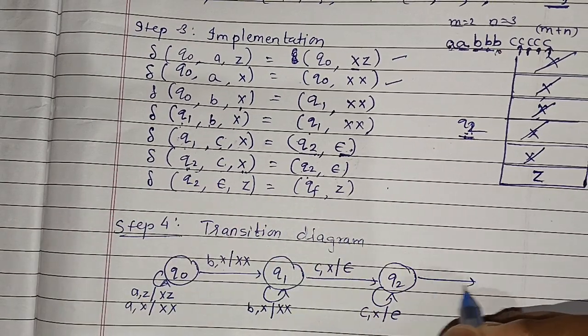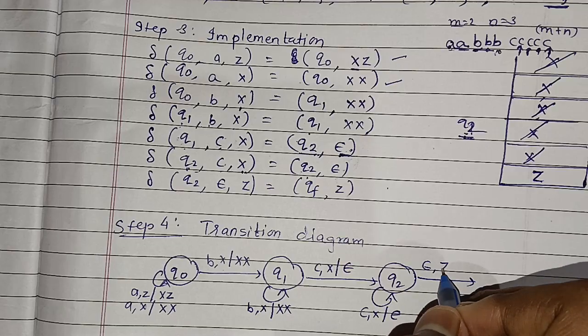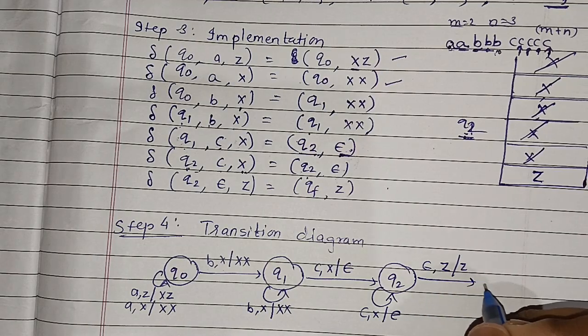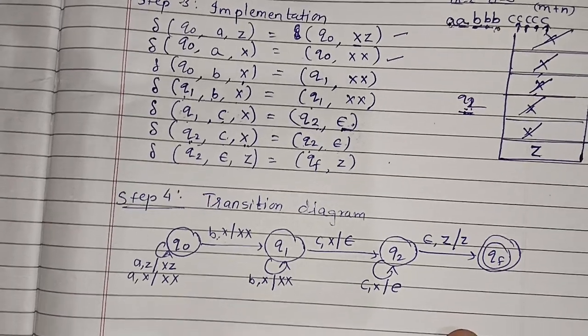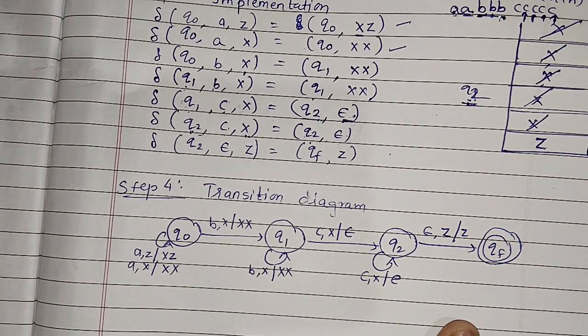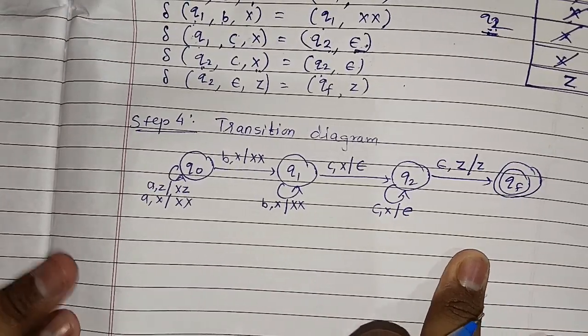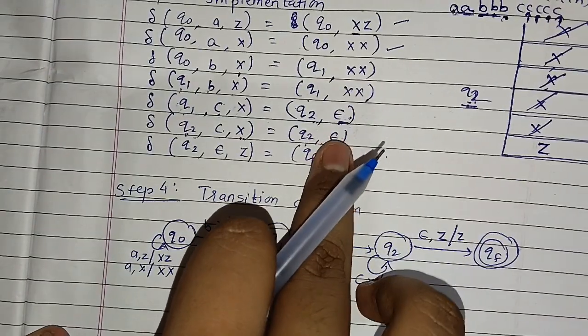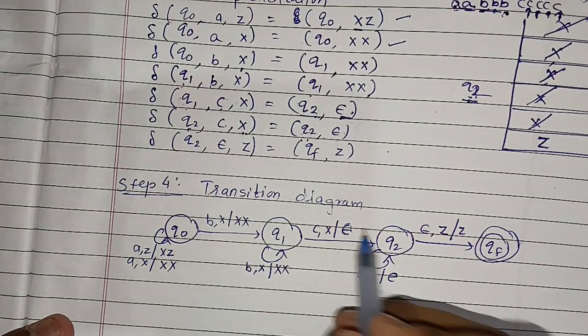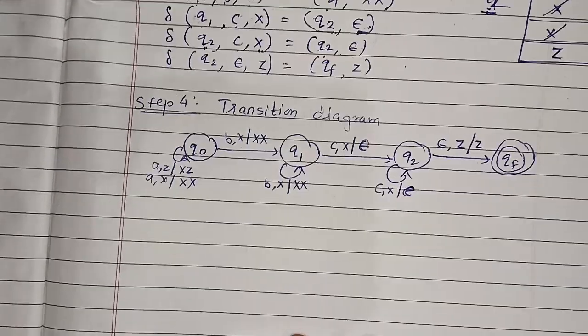And if the null string comes, don't push or pop anything and go to the final state. We have to draw it like this. I have used epsilon here as the popping symbol, so that's why I write it here. Okay, it is correct.